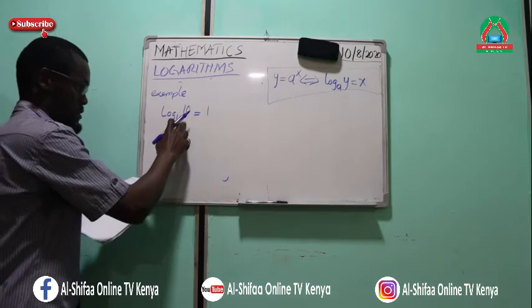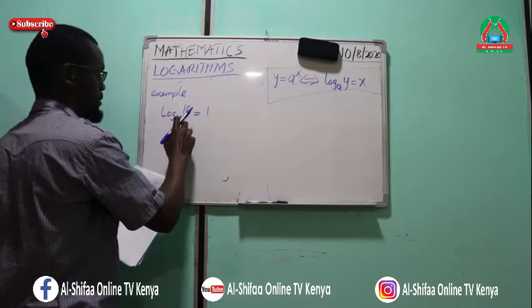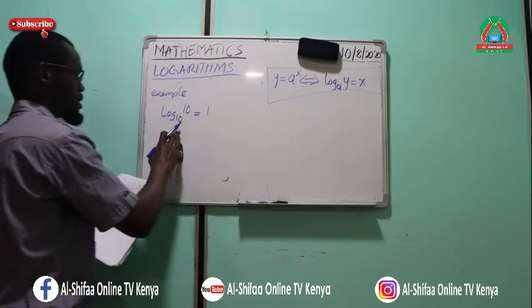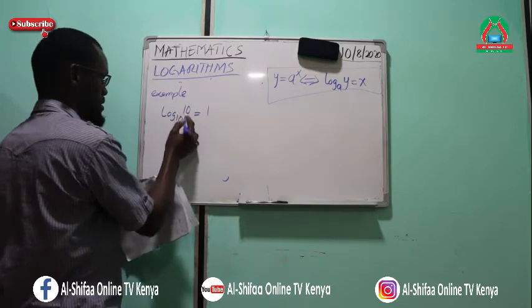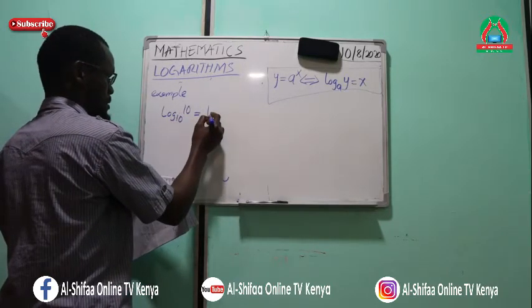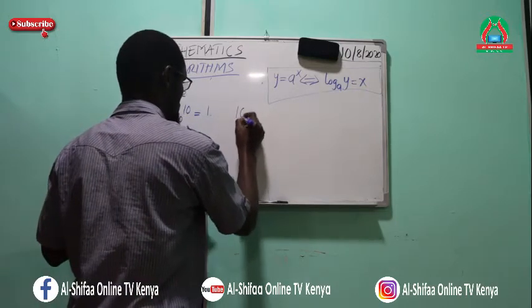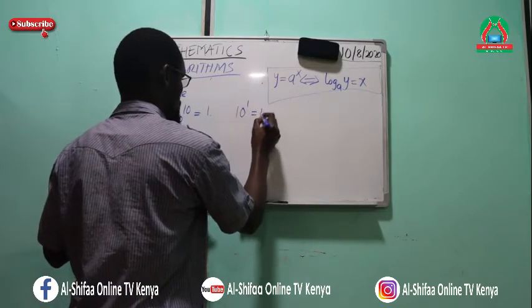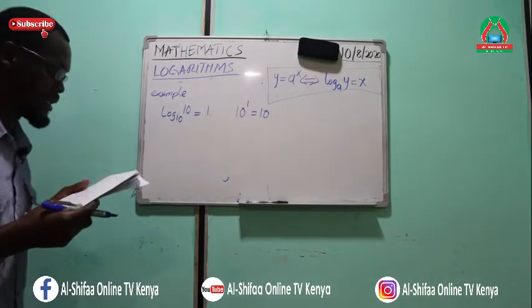You can see if it is correct by changing it to index form, whereby this is the base, raised to the exponent you'll get. So this becomes 10 power 1 is equal to 10, and we see that it is correct.